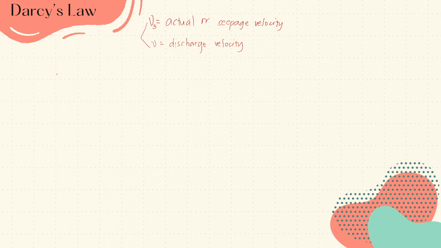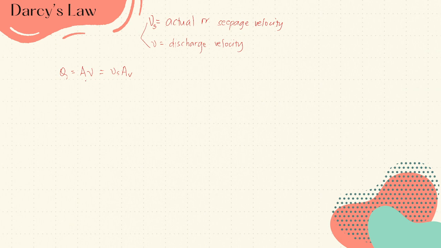Our discharge Q, or sometimes denoted as small letter q, is equal to the area times the velocity. If we are using the actual or seepage velocity, V sub S, our area is simply the area of the voids.